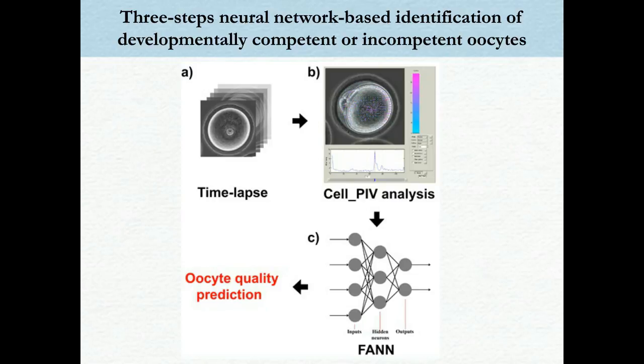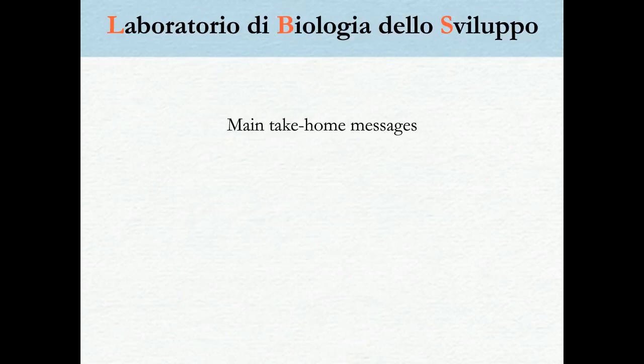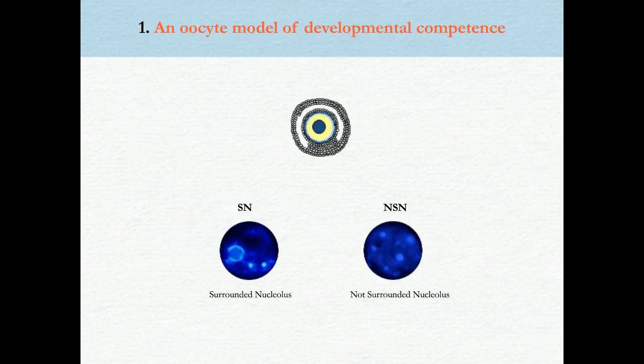In summary, the following are the main take-home messages I'd like to deliver with my webinar. First, within the antral compartment of the ovary, there are oocytes with a distinguished chromatin organization and are named SN or NSN oocytes.